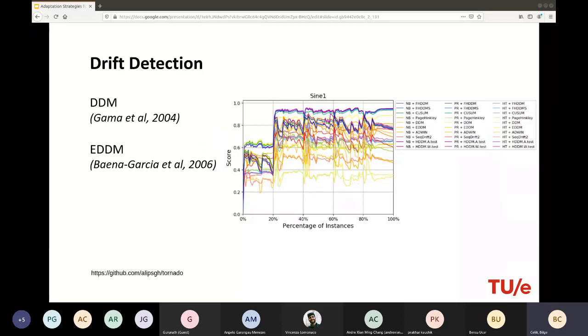The advantage of these approaches is that both DDM and EDDM have lower memory footprints and they require less runtime to update the statistics, which is good for an early detection of the drift. Yet, this can also be a disadvantage, and especially for EDDM, it's known that it can lead to frequent alarms at the early stages of learning, which is something we need to keep in mind when we are evaluating the results.